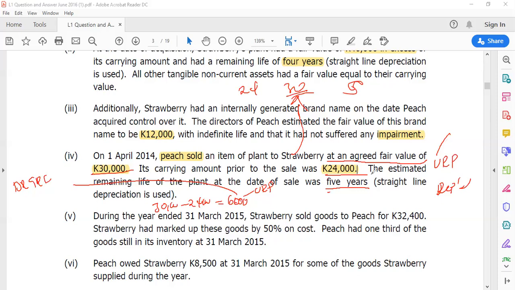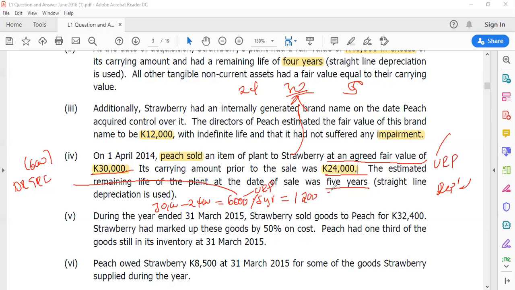That's how beautiful this statement was. So what do we do now? We have the figure 6 to reduce our group retained earnings. Now we're also going to charge excess depreciation for how many years? For 5 years. So we divide this by 5 years, which gives us how much?